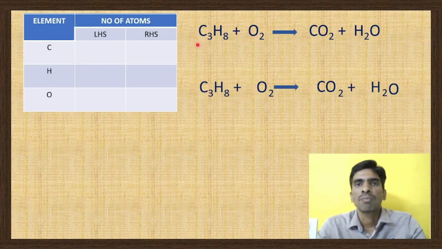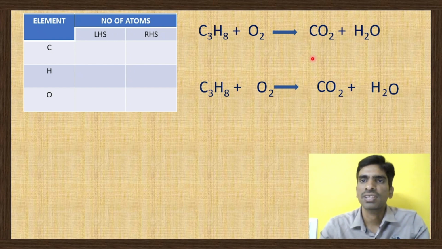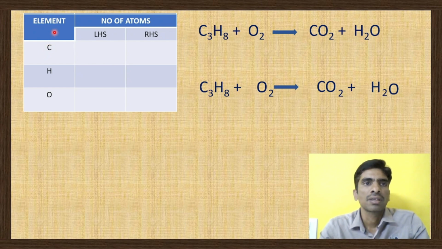Another example: propane and oxygen combine to form carbon dioxide and water. The elements in this equation are carbon, hydrogen, and oxygen. The number of atoms on the LHS: carbons 3, hydrogens 8, oxygens 2. On the RHS: carbons 1, hydrogens 2, and oxygens 3.